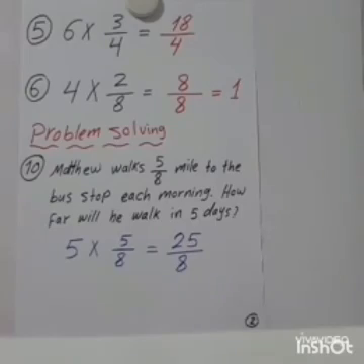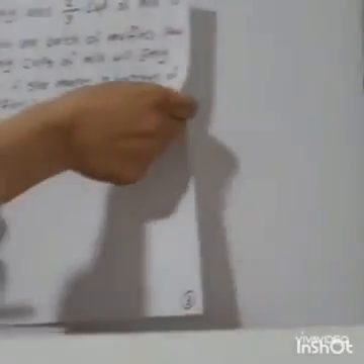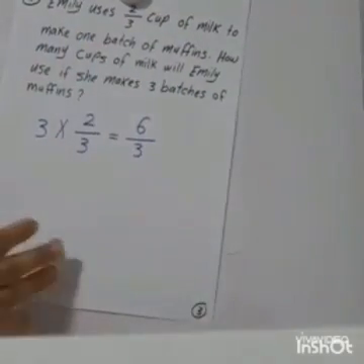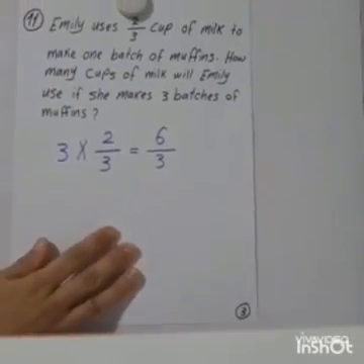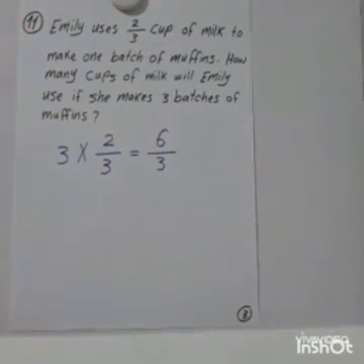Now let's see the other question. Number 11. Emily uses 2/3 cup of milk to make 1 batch of muffins.